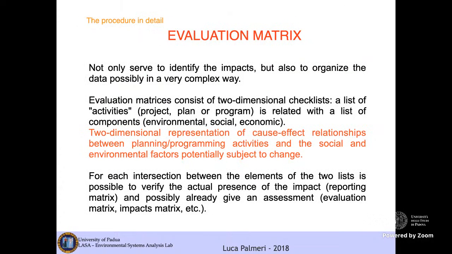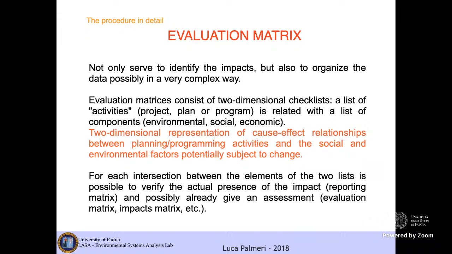The evaluation matrix not only serves to identify the impacts, but also to organize the data, possibly in a very complex way. Evaluation matrices consist of two-dimensional checklists, a list of activities, project, plan, or program, related with a list of components that may be environmental, social, economic, or technological, or whatever.